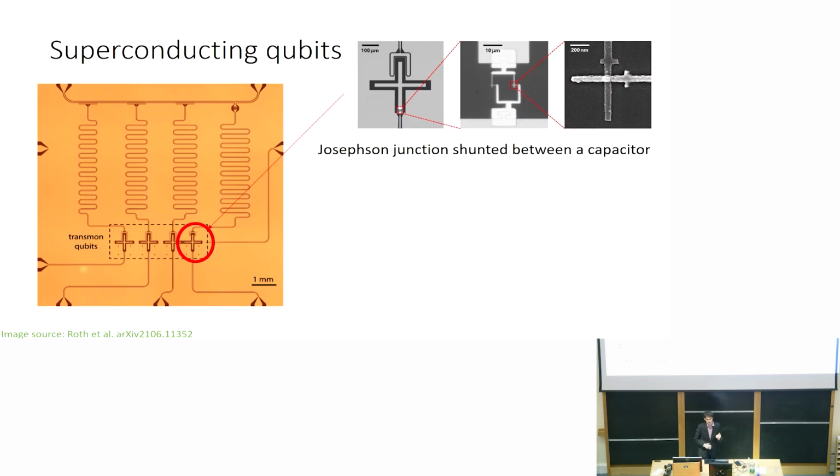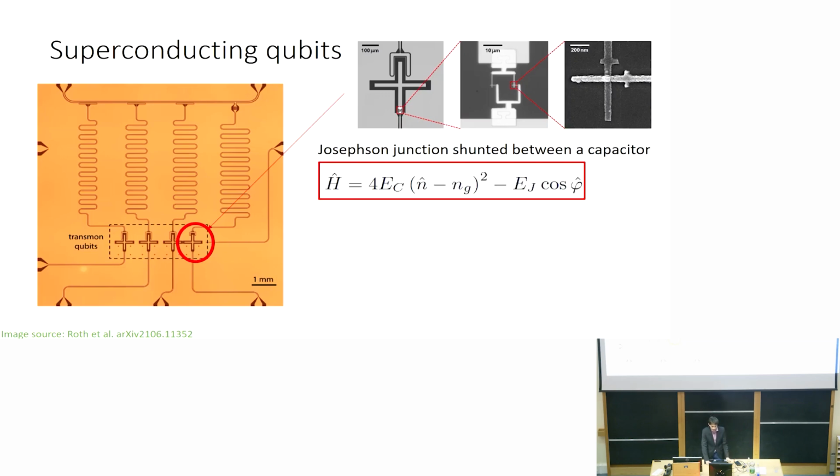This is basically a large capacitance. And the idea is that this Josephson junction is a nonlinear conductivity of your circuit, which will become important later. When you do some elementary physics on these circuits, you can quantize the Hamiltonian corresponding to the system, and it has basically this form.